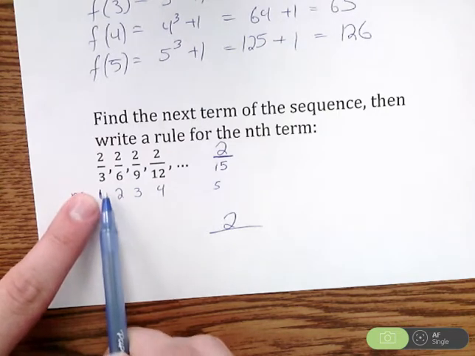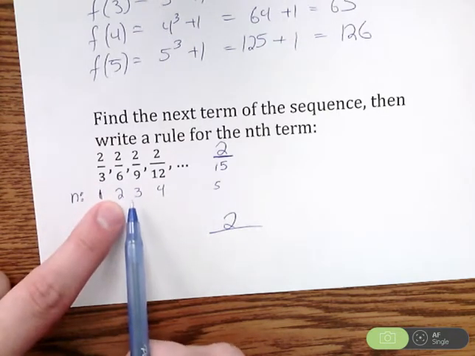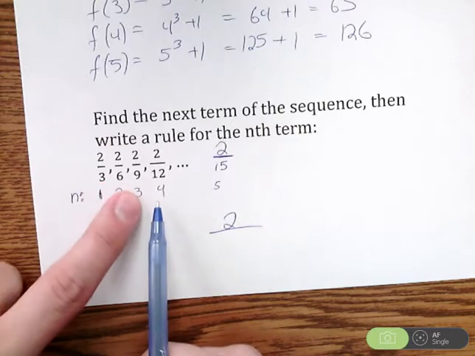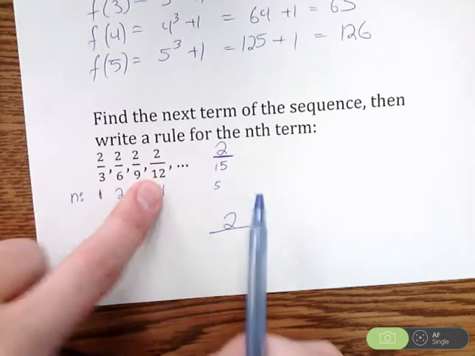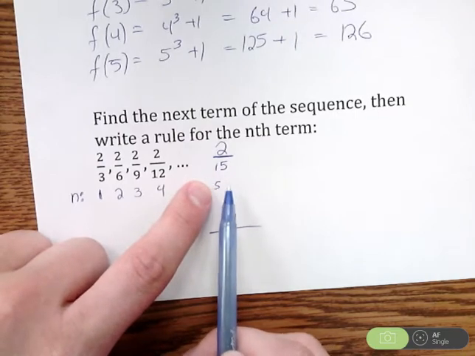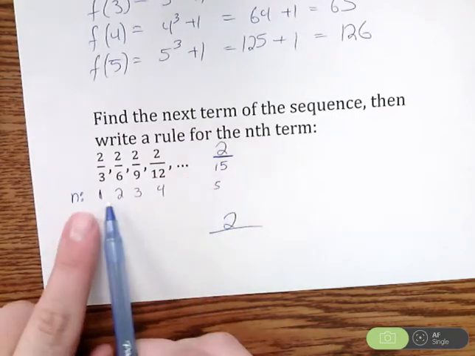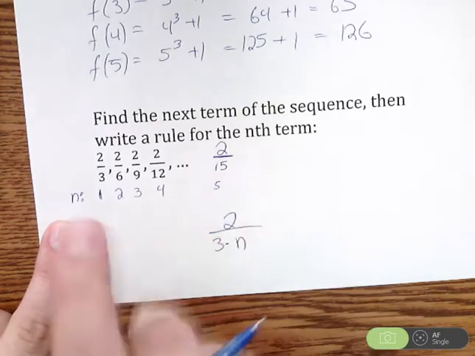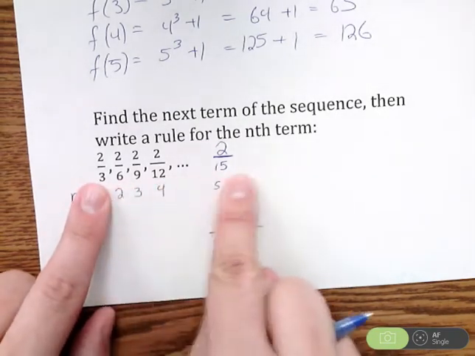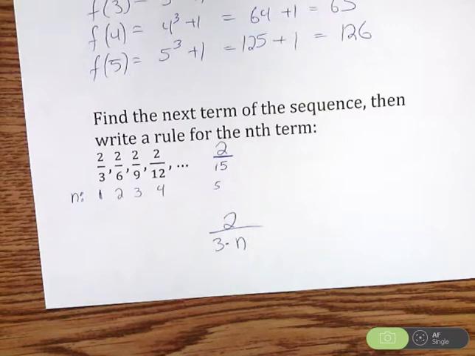Well, if I took 3 times 1, I get 3. 3 times 2, I get 6. 3 times 3, I get 9. 3 times 4, I get 12. 3 times 5, I get 15. So anytime I take 3 and multiply it by whatever n is, I get the denominator of my fraction.